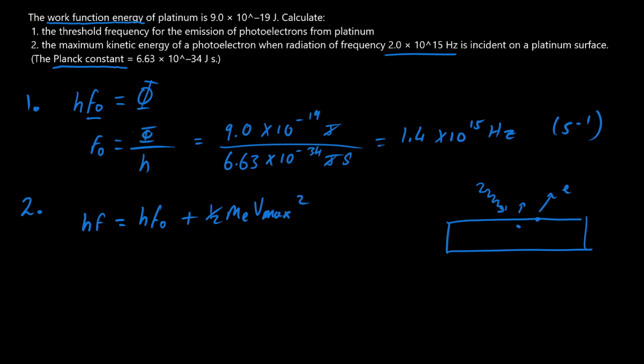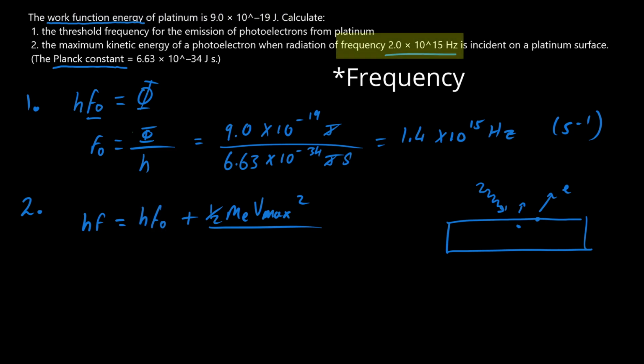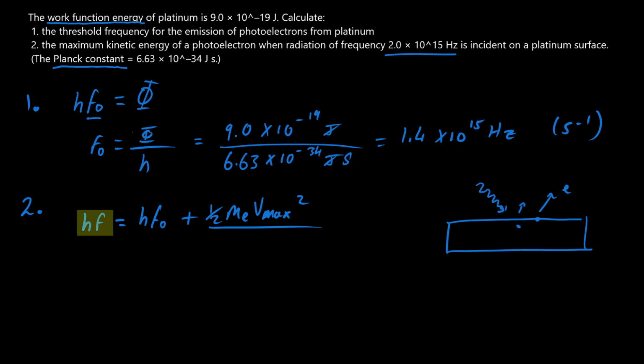Now all we need is the kinetic energy here, and we already have this energy here because it's the work function energy, and we're given this value here, which is the energy of the incoming photon. And we can work this out by multiplying the frequency here by Planck's constant. So if we bring the work function energy over to the left hand side of the equation, we can isolate the kinetic energy.